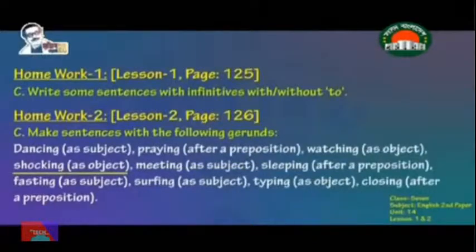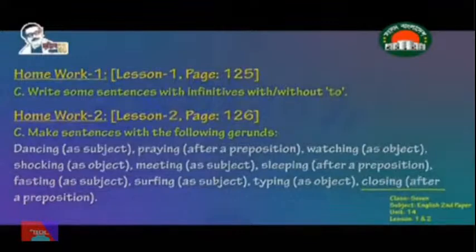Again, as object. Meeting, as subject. Sleeping, after a preposition. Next one, fasting, as a subject. Surfing, as a subject. Typing, as an object. Closing, after a preposition. After completing your homework, you have to submit it to your class teacher.